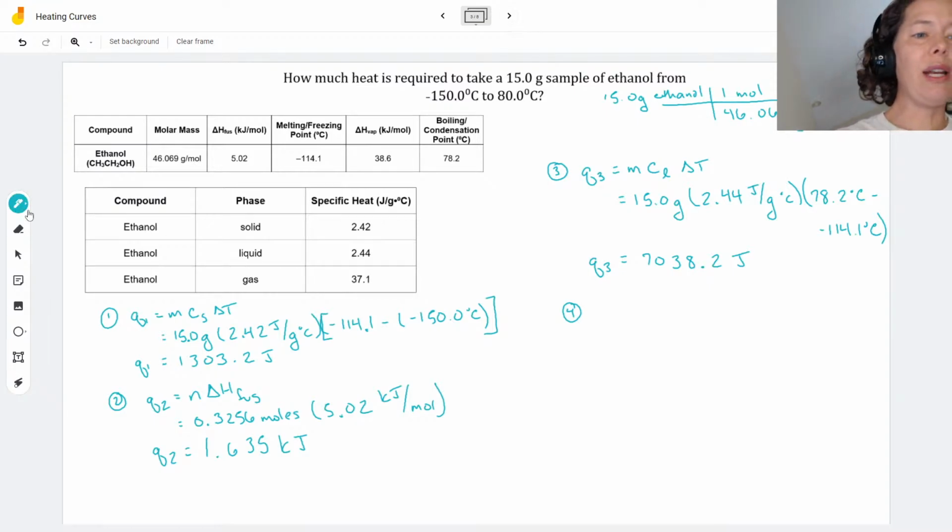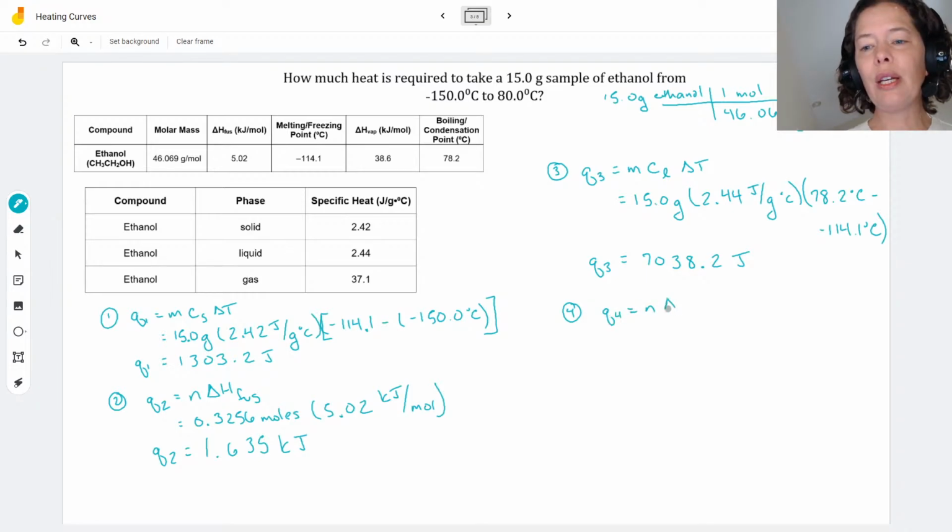So for this one, again, not a temperature change. My Q4 is going to be my number of moles times my enthalpy of vaporization. And I'm going to get this from my table. Let's see, there's fusion. Here is my heat of vaporization.